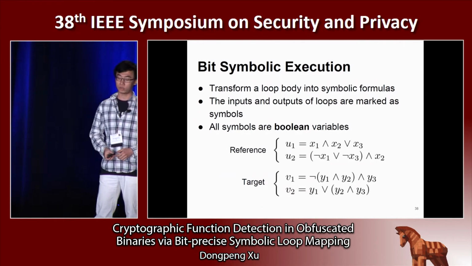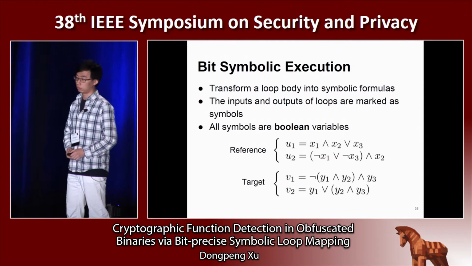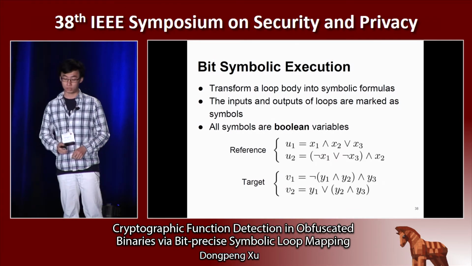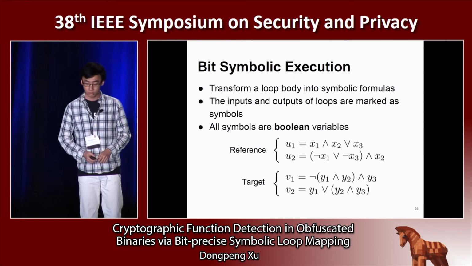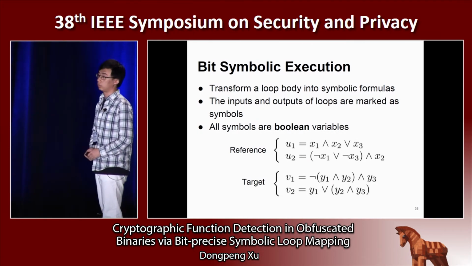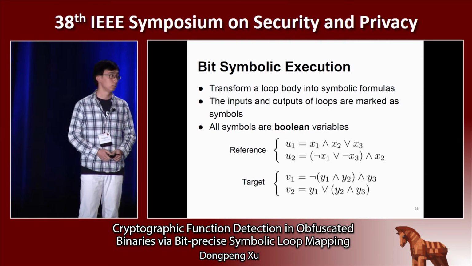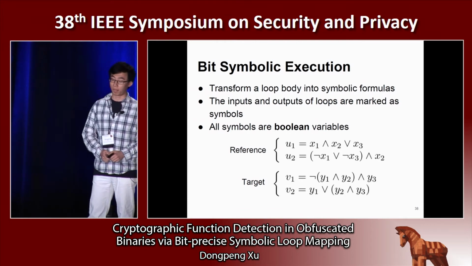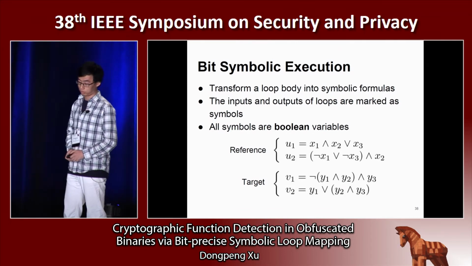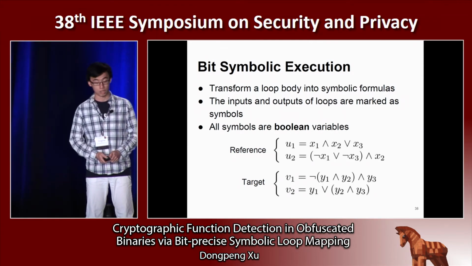For example, here we need to know which input variables in the reference formula are exactly the inputs in the target formula. One simple way is to do a permutation to try different possibilities. But since in our formulas all the variables are boolean variables, there are usually hundreds of them, so simple permutation will cause performance problems.